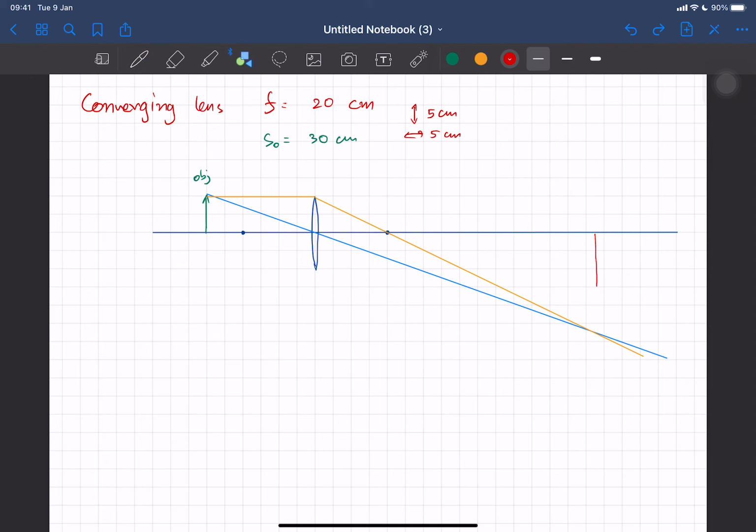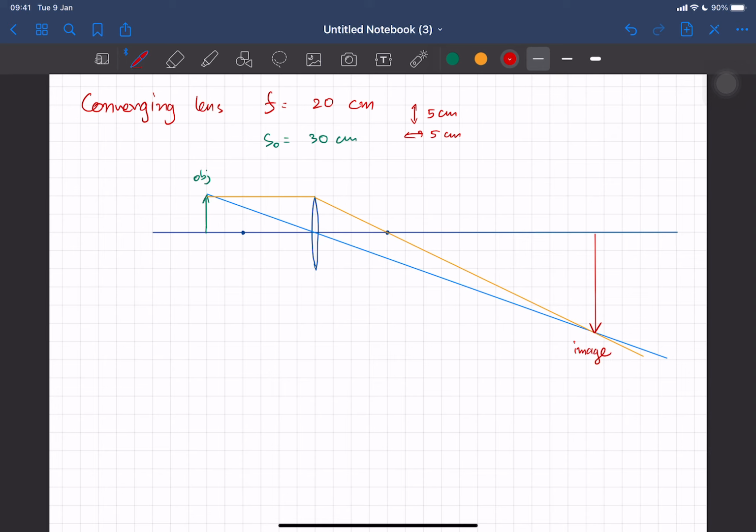So the whole image of the object is going to be something like this. So that's it. That's how we draw this ray diagram. Only two lines, one going through the center and the other one going parallel and then going through the focus point of the lens. Where they intersect, that's going to be the location of the image. So this is your image.